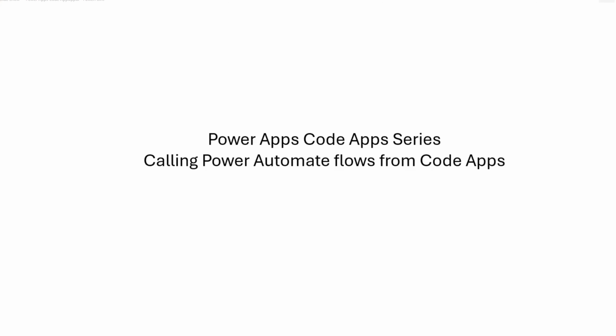Typically, when you build any canvas based application, we have a data source which you would have added, which connects to your data source, displays data and everything. But if you want something done on the automation side, wherein you have to call a Power Automate flow from Power Apps, there are many scenarios in which we do this.